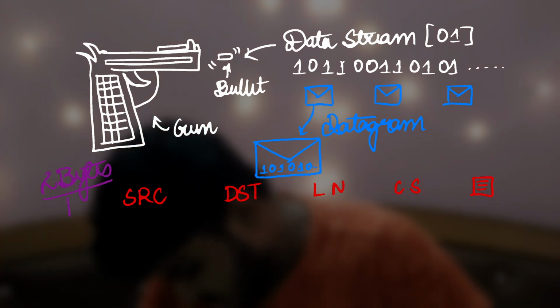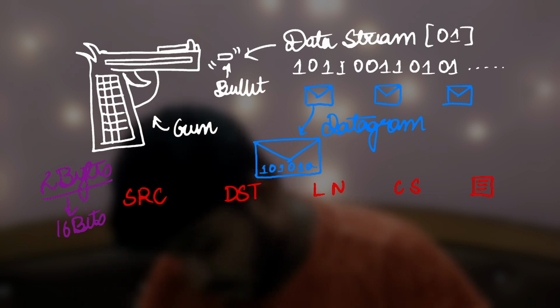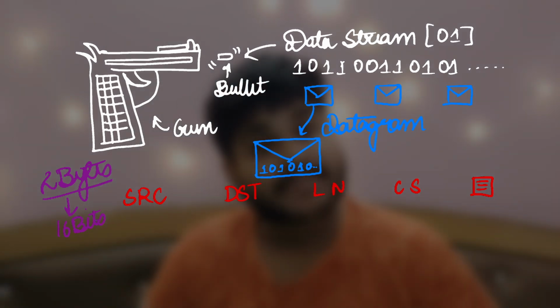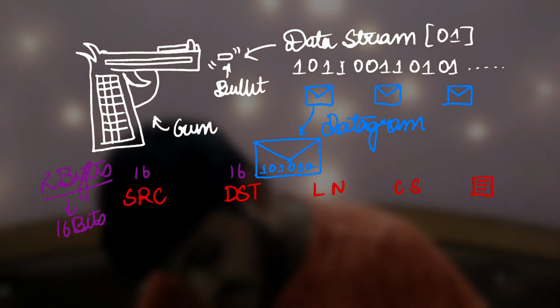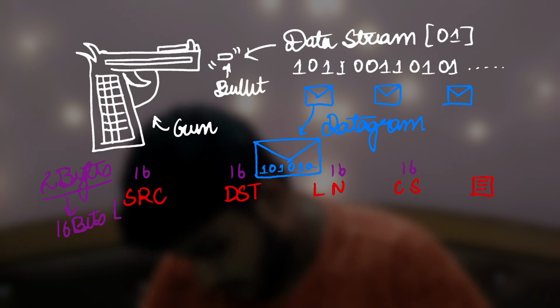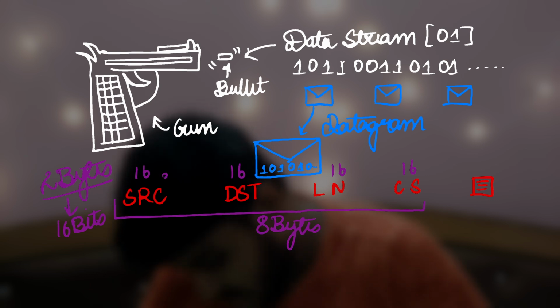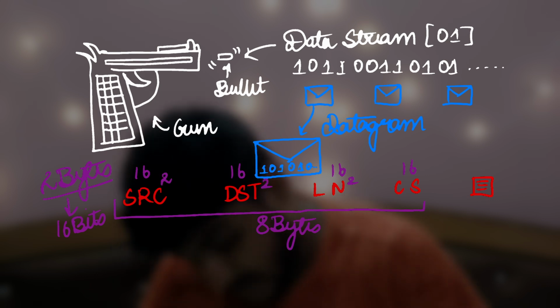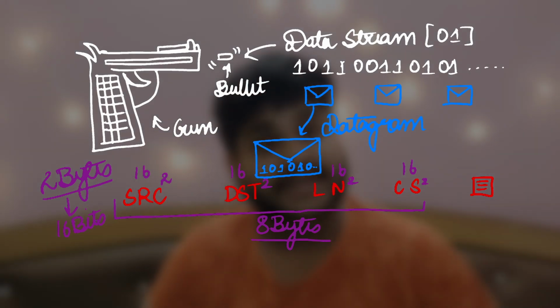Now 2 bytes is equal to 16 bits. So each of the fields is 16 bits long. Together they are 8 bytes long, because 2 plus 2 plus 2 plus 2. So an 8 byte header is there in the UDP datagram.